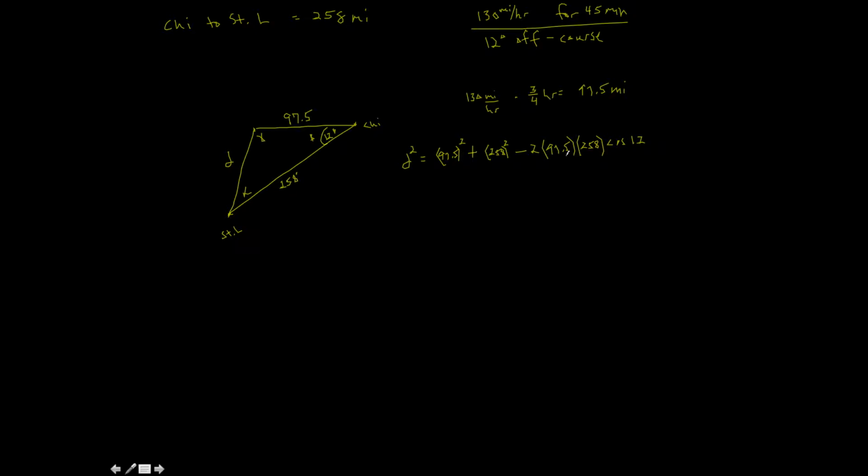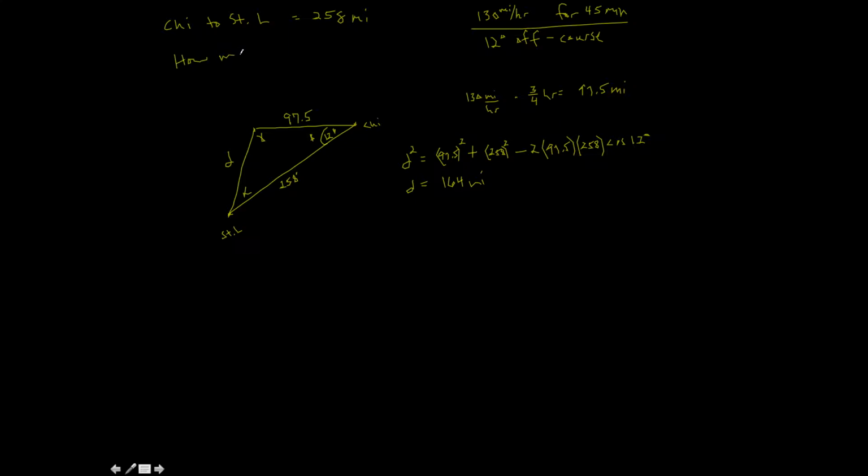If we take the square root of all that, that will give us d. If you solve for d here, your d should come out to approximately 164 miles, since we're doing 3 significant digits.